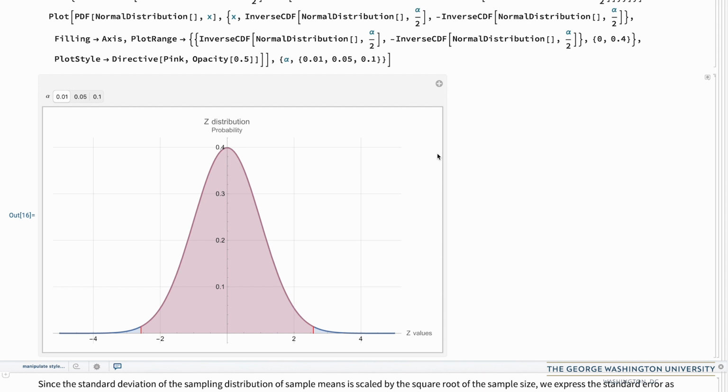So on the horizontal axis, I have z-values, and they represent how many standard errors we are away from zero. And let's select here an alpha value of 0.05, and that means we have 95%. 1 minus 0.05 is 0.95 or 95%, and that's exactly what we see here in the red. And the values of z there are negative 1.96 and positive 1.96.